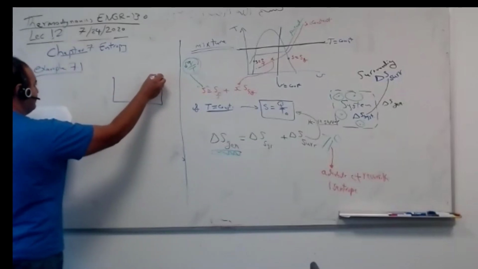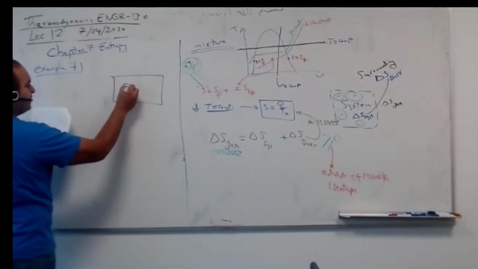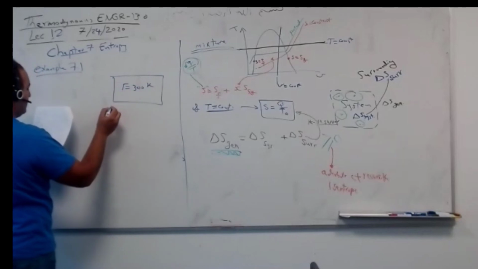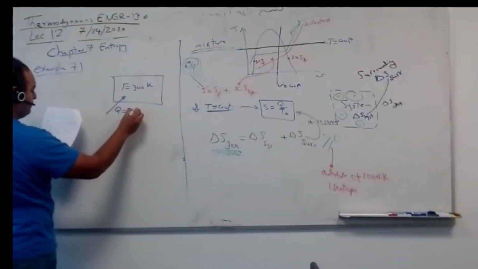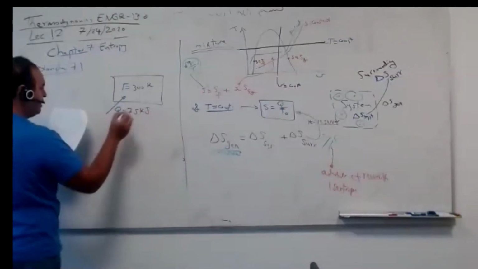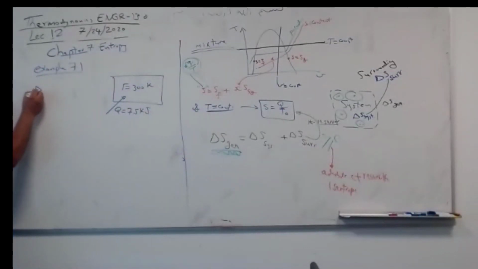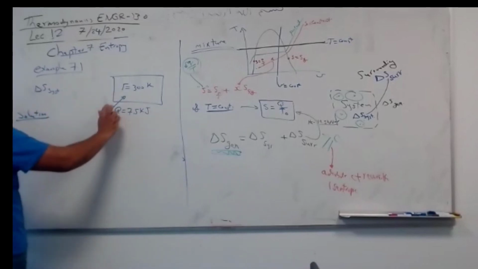So we have a system. It has temperature 300 Kelvin. I add heat of 7.5 kilojoule. He wants entropy. So this solution is so simple. I had some temperature, I add some heat.